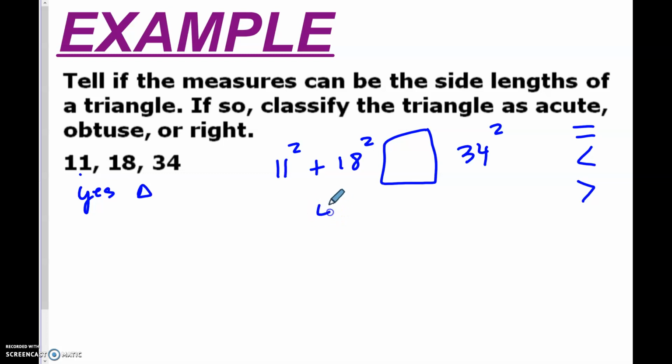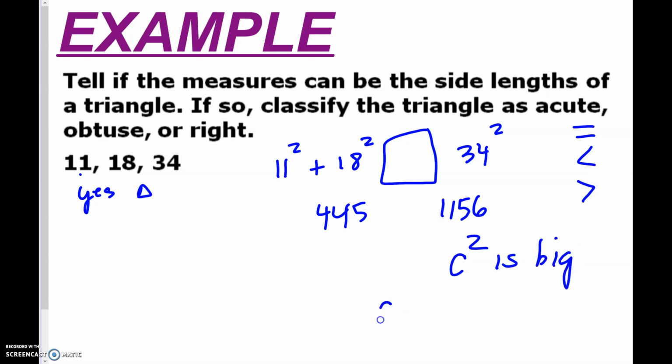I got 445, and 34 squared is 1156. Well, looks to me like c squared is bigger. Okay, so if c squared is bigger, this is going to be an obtuse triangle.